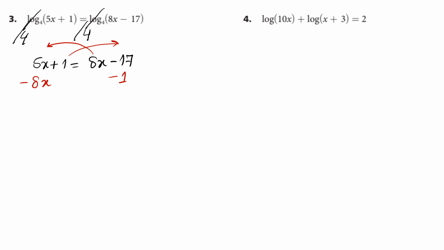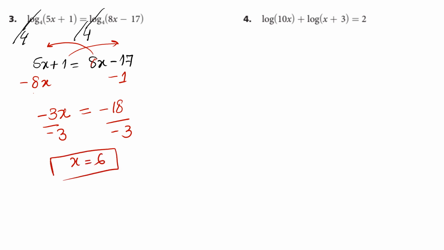So 8x becomes negative 8x, and plus 1 gives you negative 1. So 5 minus 8 gives you -3x = -17 - 1, which is -18. Divide both sides by -3 and we will get x = 6.